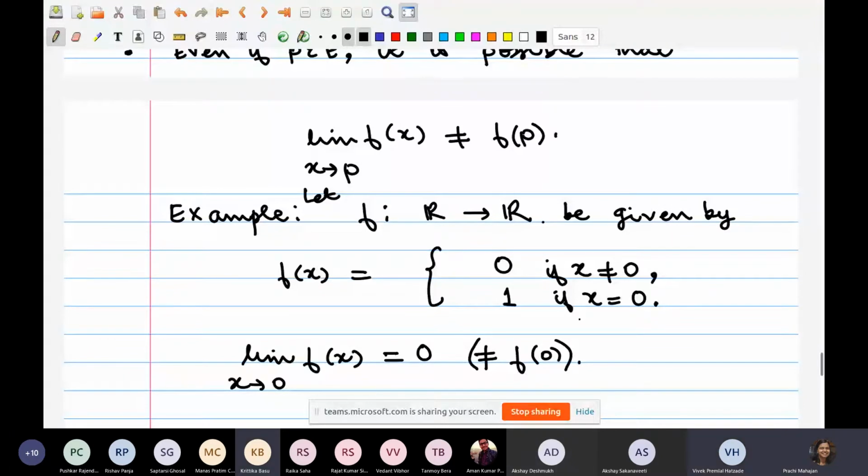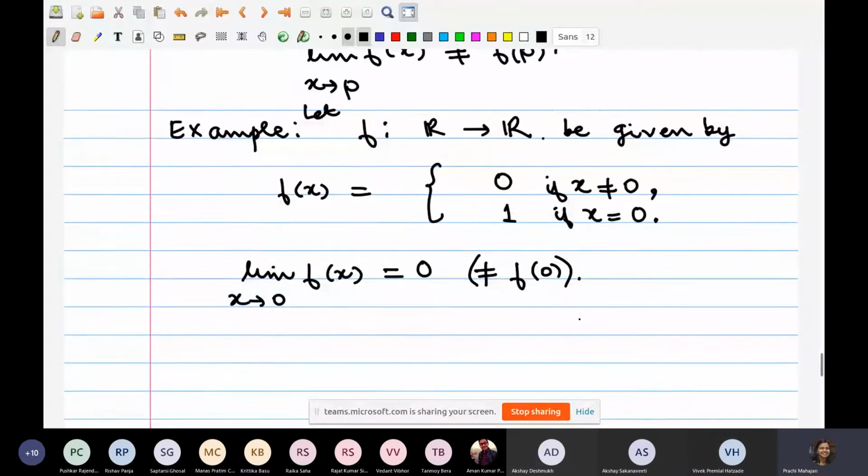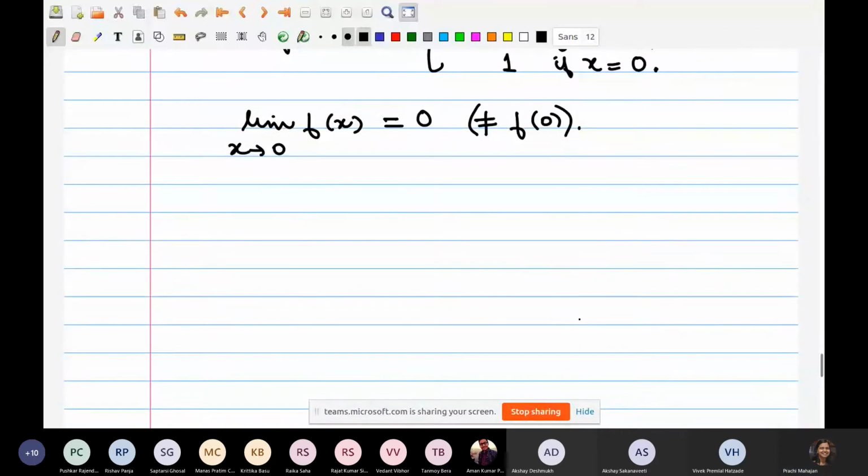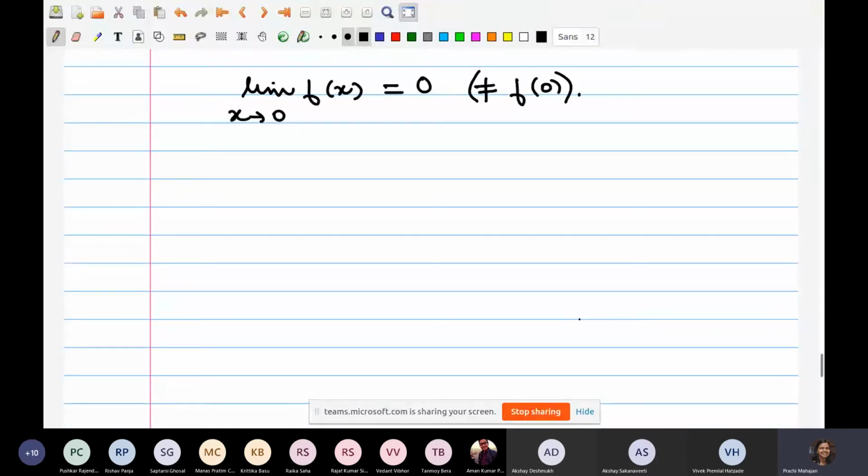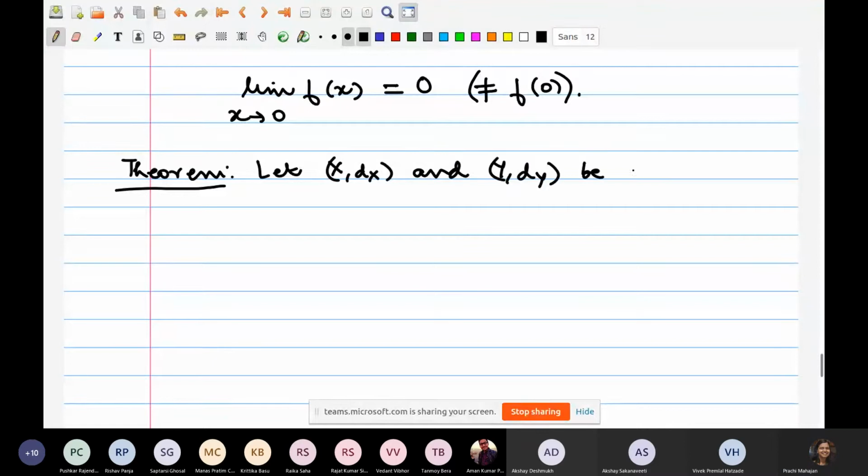Yes, ma'am. Excellent. All right. So next is a characterization of the limit of a function in terms of limit of sequences. Let me write it as a theorem. As before, we have two metric spaces, X with dX and Y with dY.